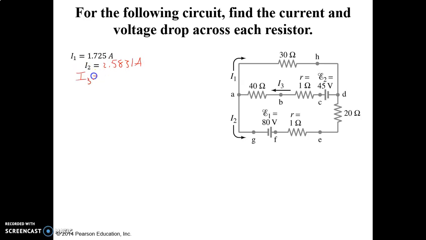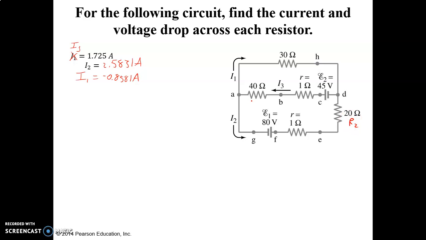And I3 was, I don't know why I wrote it this way. This was I3. And this should be I1. It's going to be negative 0.8581 amps. And now we need to find the voltage drop across each resistor.